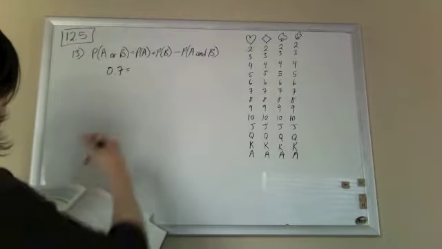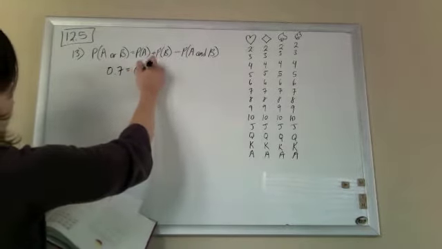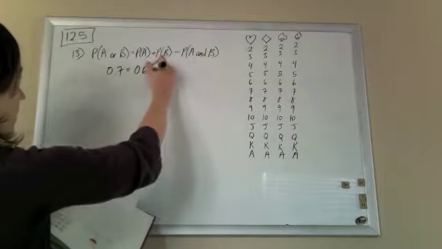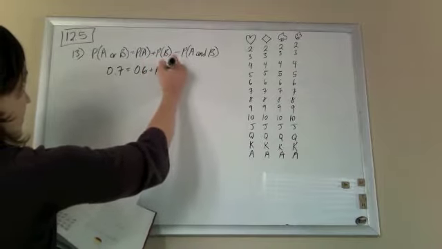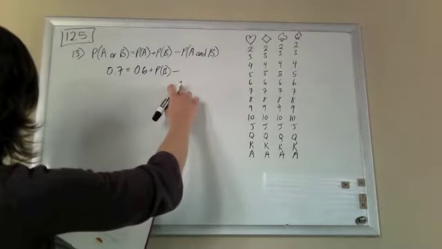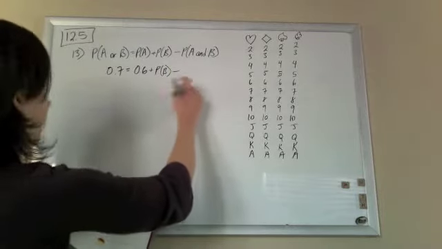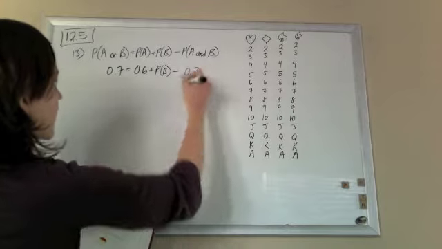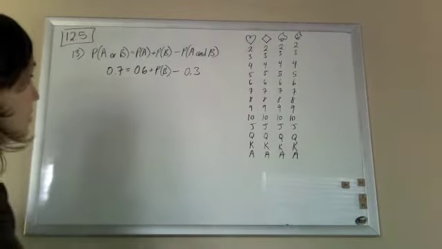and that the probability of A is 0.6. They don't tell us what the probability of B is, so I'll just leave that as P of B. And then minus the probability of A and B is 0.3. So it's your favorite, it's algebra now.